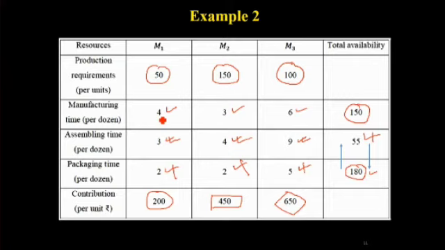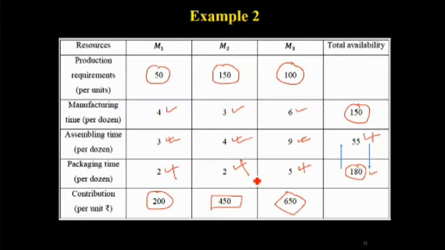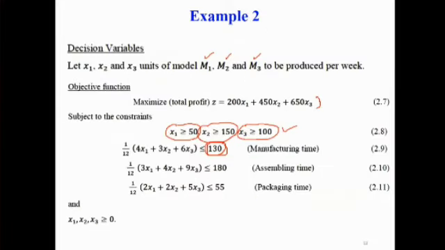First is 4x1, 3x2, 6x3, less than 150. I think it is 130, yes, a typo error is there. Similarly, the second one, 3, 4, 9, then 2, 2, 5. So like that we have to do.